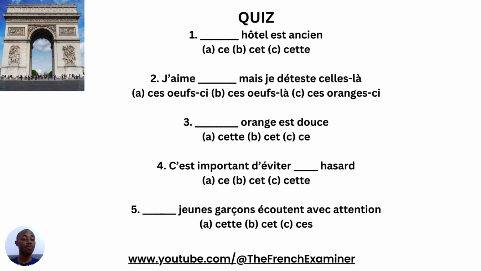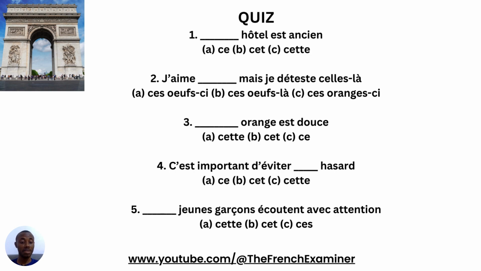Because an œuf, one egg, is masculine. Do you see that? Masculine singular, an œuf. Okay, that's because it is not plural. You can see the F is pronounced: œuf, an œuf. But when it is plural, ces œufs. Do you see? These eggs. So the answer will be option C, because orange is feminine.